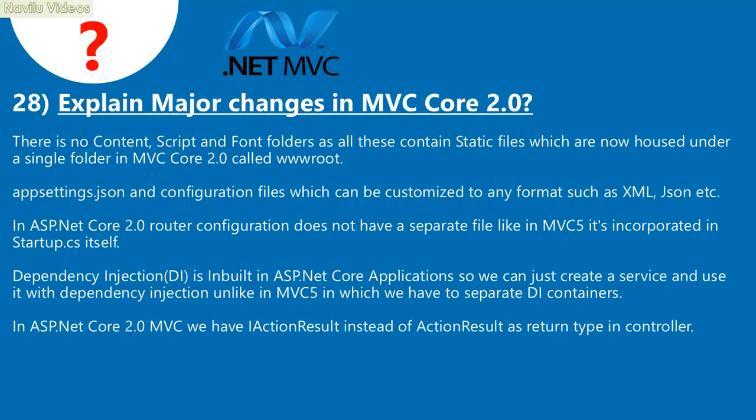It's incorporated in startup.cs itself. Dependency injection, DI, is inbuilt in ASP.NET Core applications, so we can just create a service and use it with dependency injection, unlike in MVC 5 in which we have two separate DI containers. In ASP.NET Core 2.0 MVC we have IActionResult instead of ActionResult as the return type in controller.